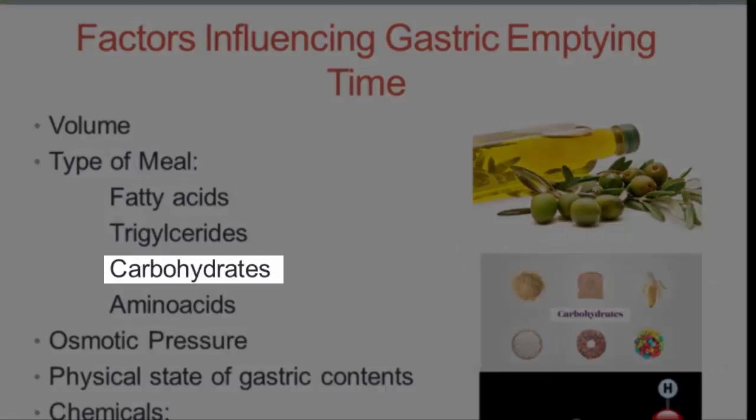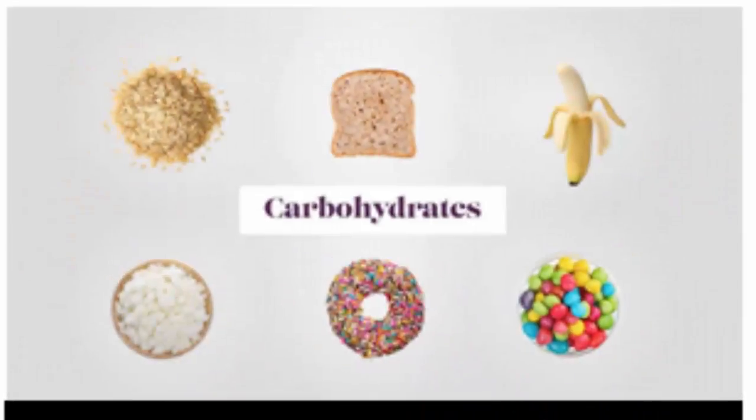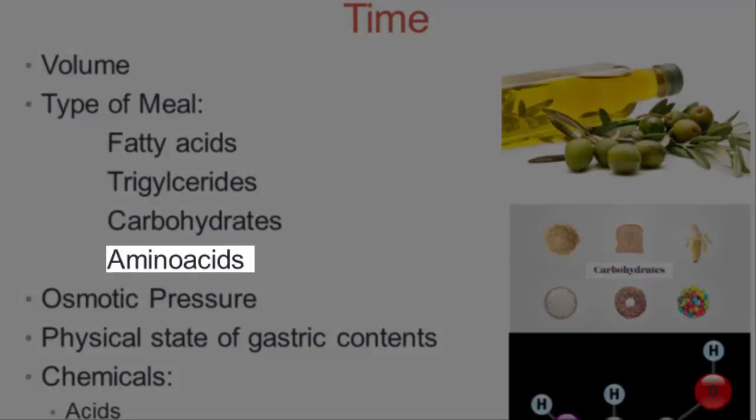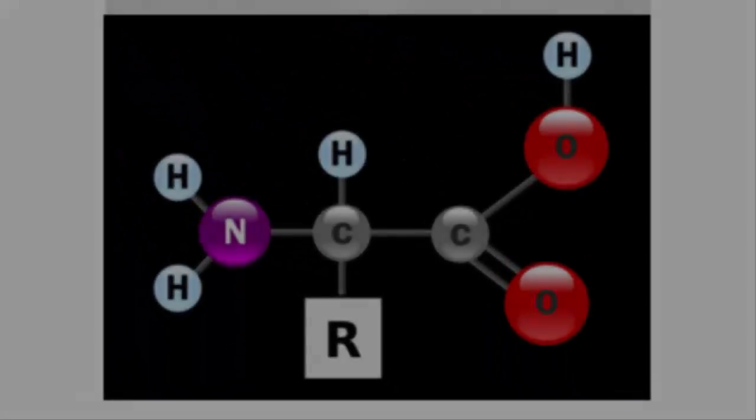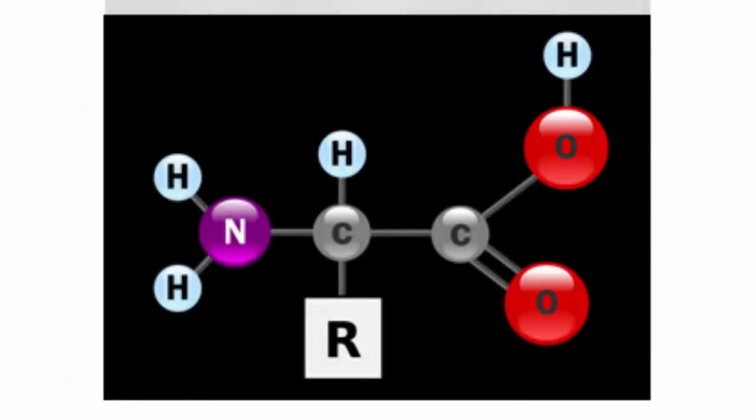Carbohydrates also, when taken in higher concentrations, reduce the gastric emptying time because of the osmotic pressure. In the same way amino acids as well, when higher concentrations are taken, because of the osmotic pressure the gastric emptying time can be reduced, and thereby the drug absorption is reduced.